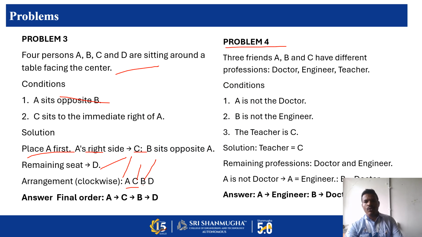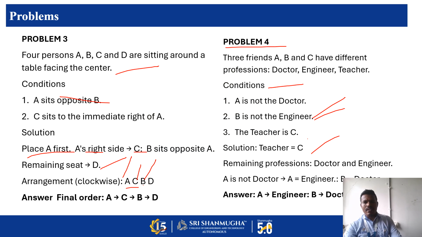Problem number 4. Three friends A, B and C have different professions: doctor, engineer, teacher. The conditions given: A is not the doctor, B is not the engineer, and the teacher is C. So first we know the teacher is C. Of the remaining professions, A is not the doctor, so A is the engineer.